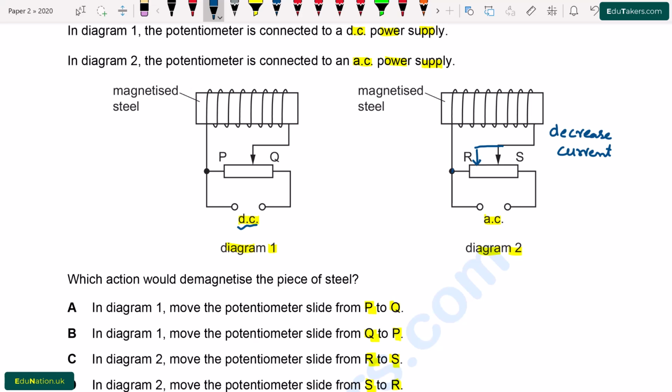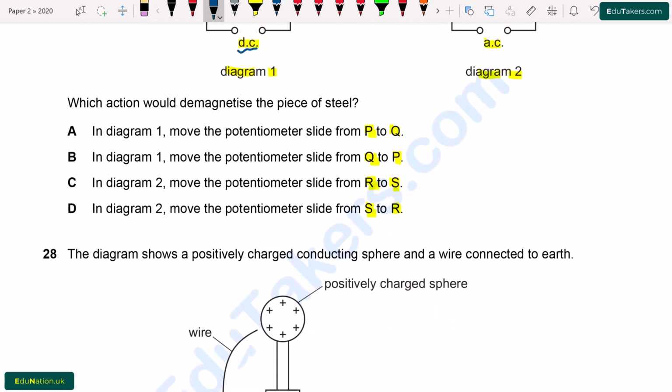Current is passing from here in this direction, then like this, and it stops at the point R. It means that current decreases as the potentiometer slides from S to R. As a result, the piece of steel demagnetizes. So from here, option D is correct, which shows that move the potentiometer slide from S to R.